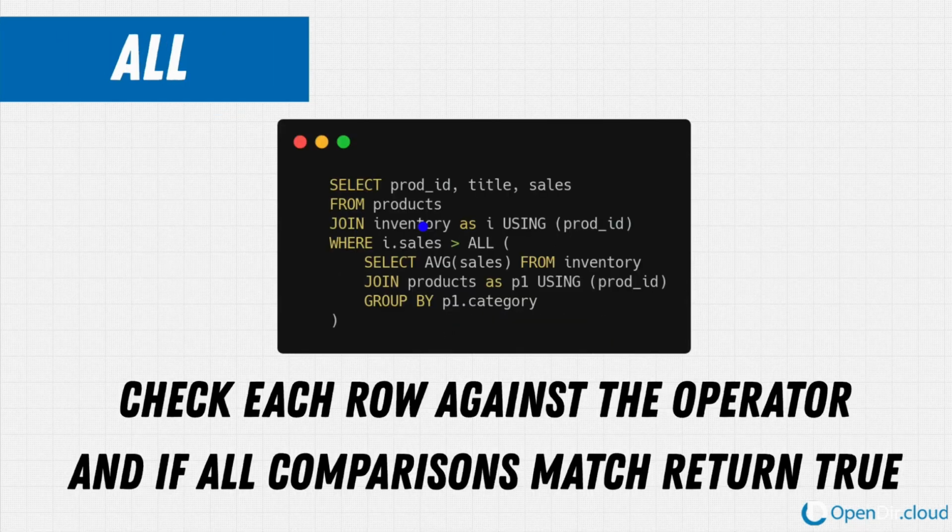The inverse of that is all. It will check each row value against each row value from the subquery. And if all the comparisons match, it will return true. So if you have a multiple row situation where you're returning multiple rows from a subquery, with all, the value that you're checking must match all of the returned values.